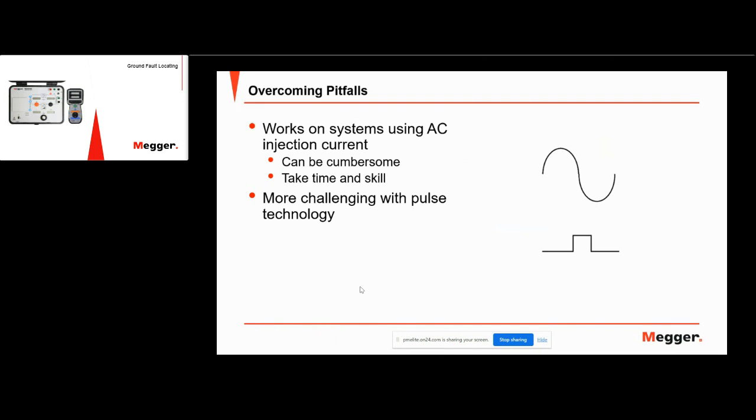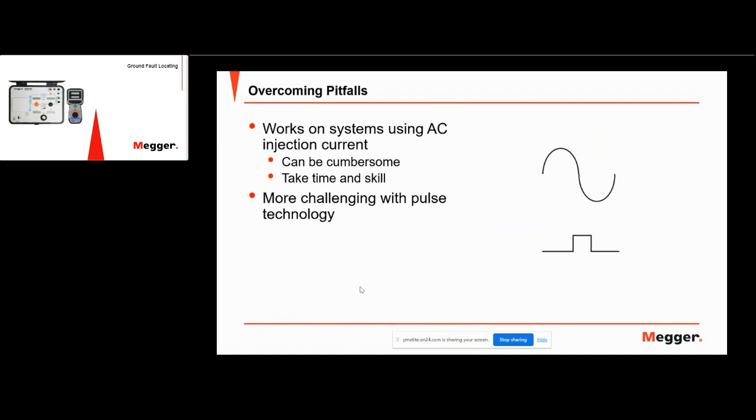Now, when working with ground fault tracers, there are 2 different technologies that will be used. Some will apply an AC signal as a tracing current. Others will supply a DC pulse.